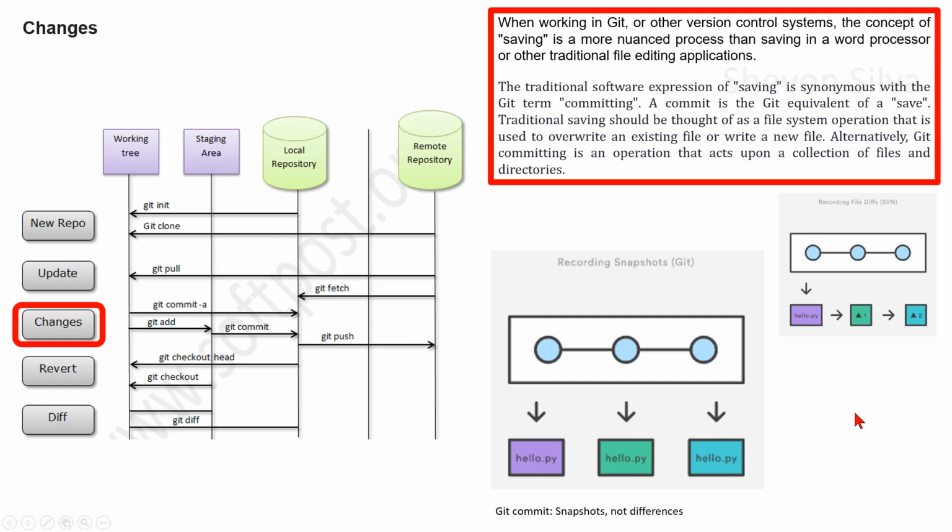For example, SVN commits consist of a diff compared to the original file added to the repository. Git, on the other hand, records the entire content of each file in every commit.